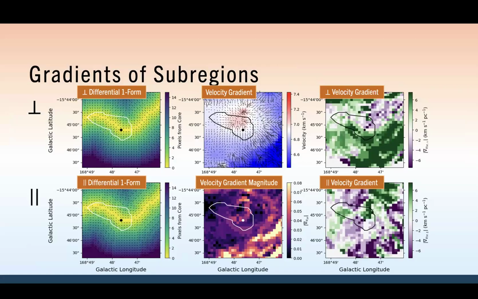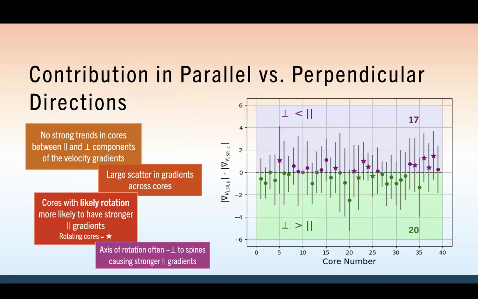We can again do this same analysis that we did earlier with the differential geometry, and then look at the distribution of the magnitudes of those gradients in a similar plot to what we did earlier. But here, these are looking at cores rather than filaments. In this case, we really don't have any strong trends between the parallel and perpendicular components, with the breakdown being 20 where the perpendicular gradient dominates and 17 where the parallel dominates.